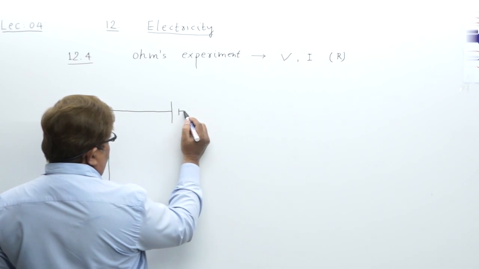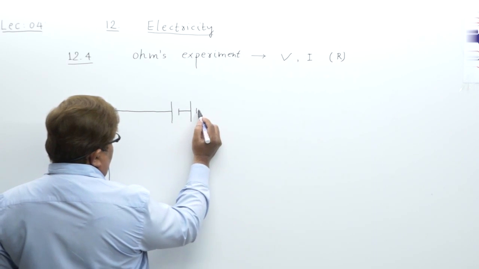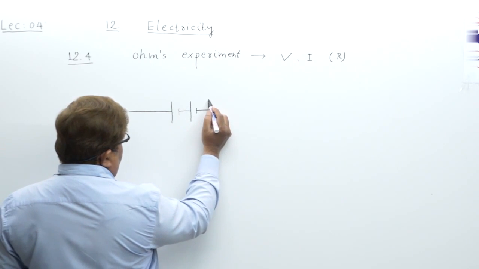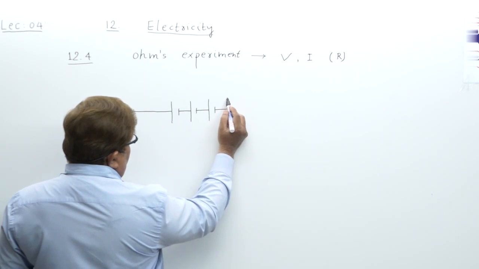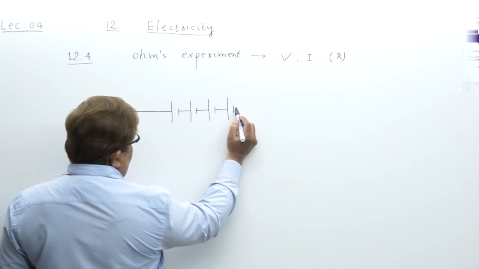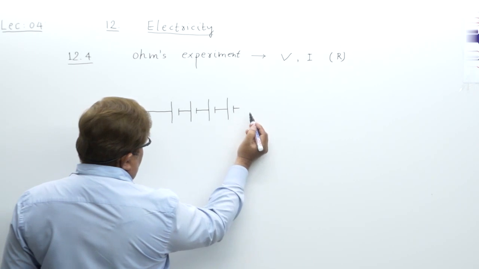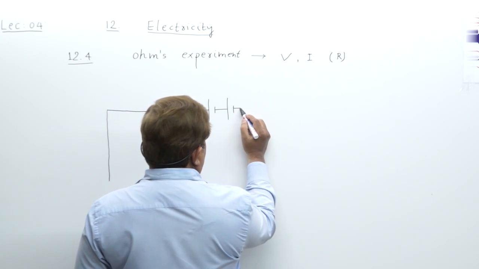One cell, then you can show another cell. Battery means a series of cells. You understood? Suppose we at least show 4. More also you can show, no problem at all. So the battery we have shown.